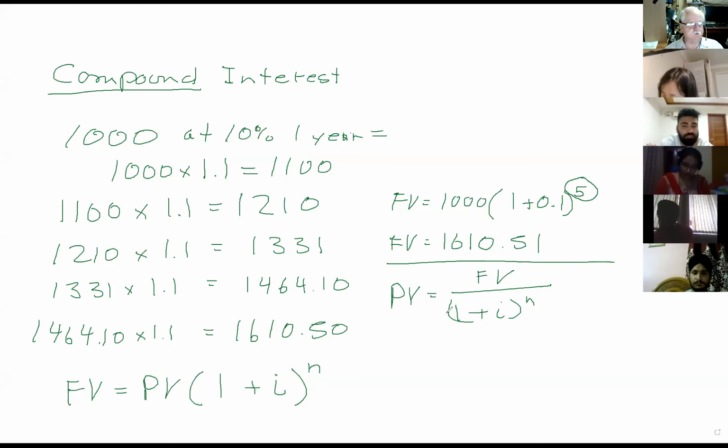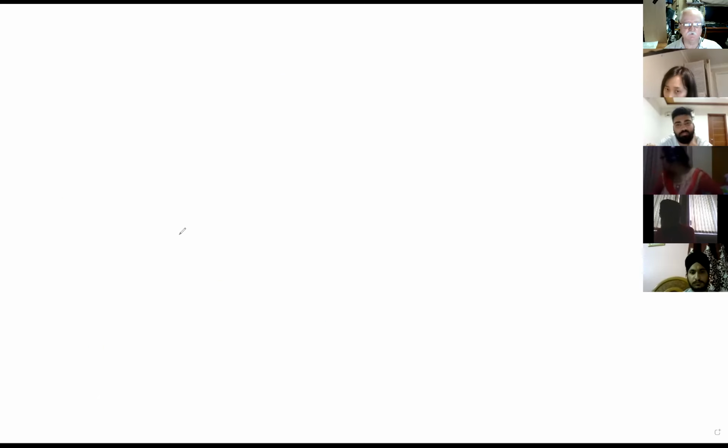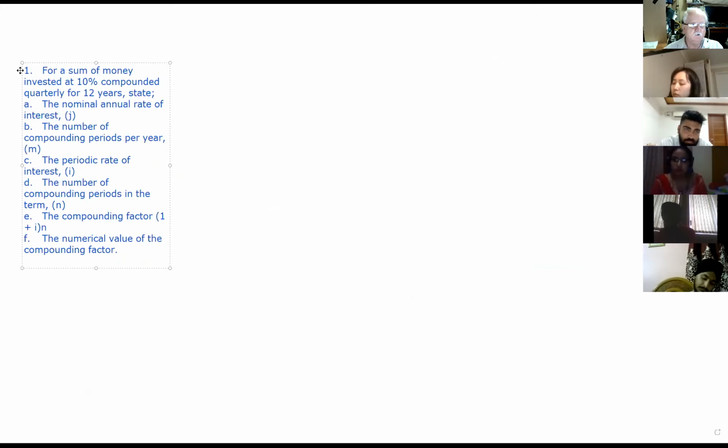We're going to use these two formulas. We're going to do work with this letter I. Let's take a look at the first question they ask us. And I highly recommend reading chapter 9 to help this stuff make sense.